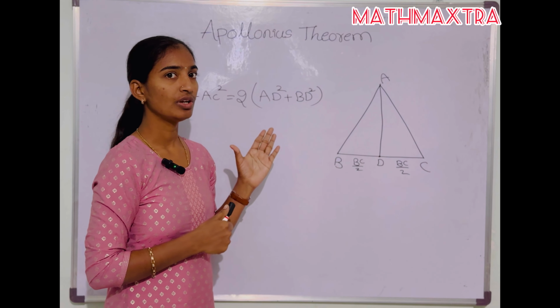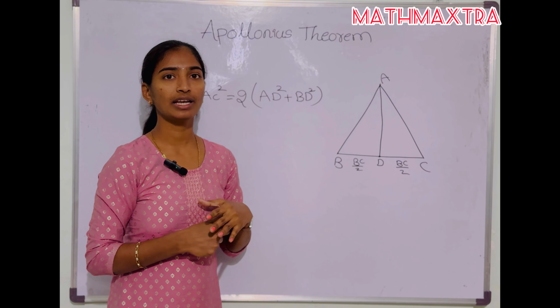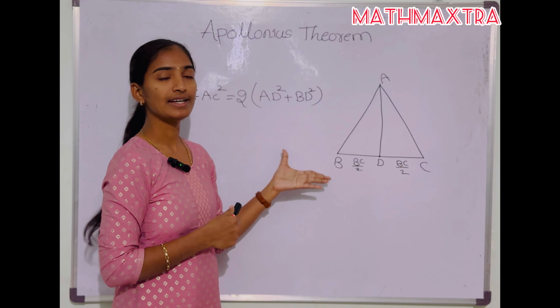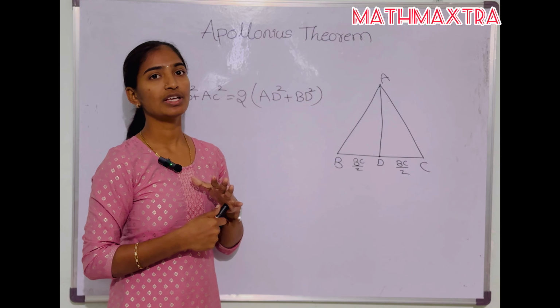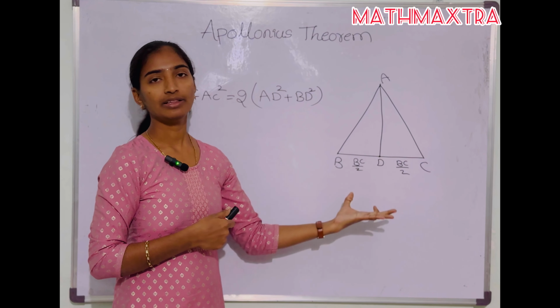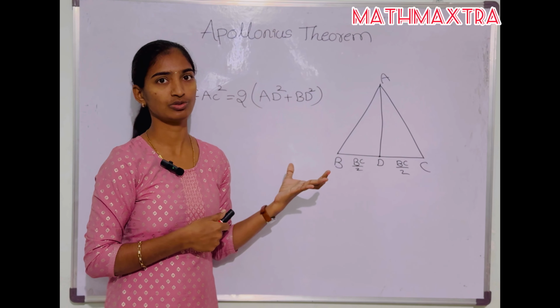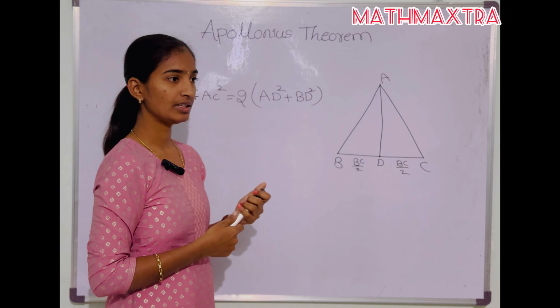From this you can find the exact relationship between the sides and median, as well as the length of the median and the length of each side. Okay, so we'll see in detail.